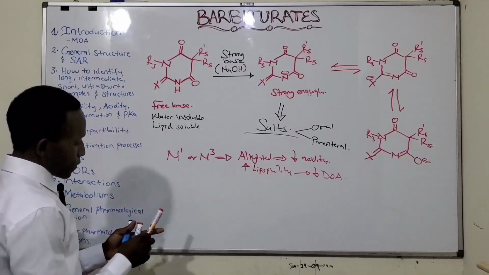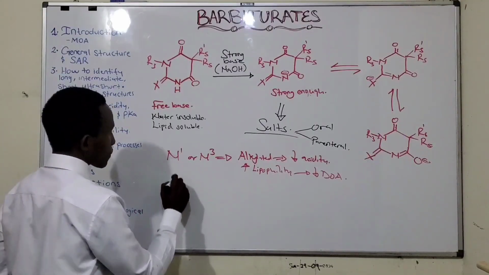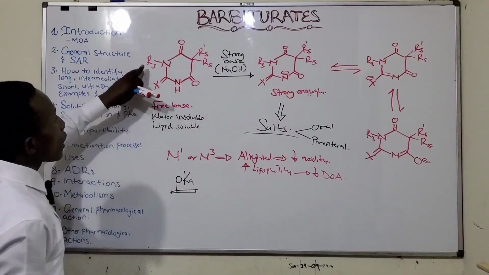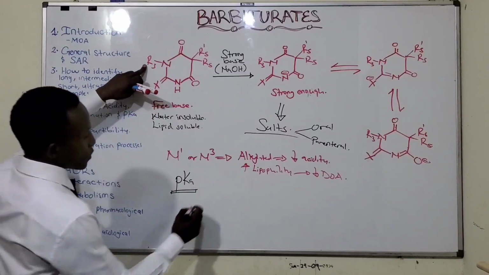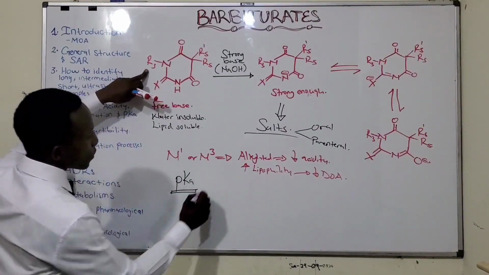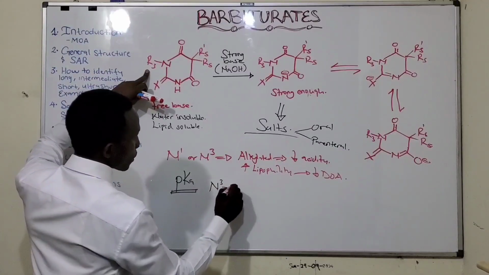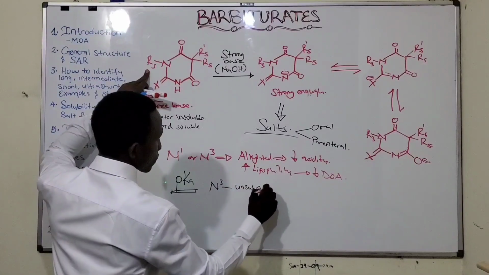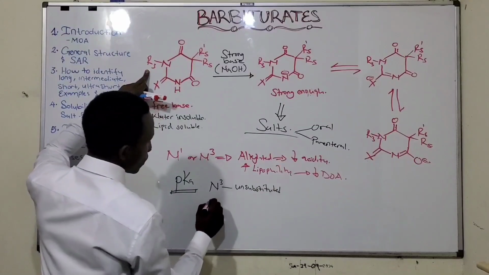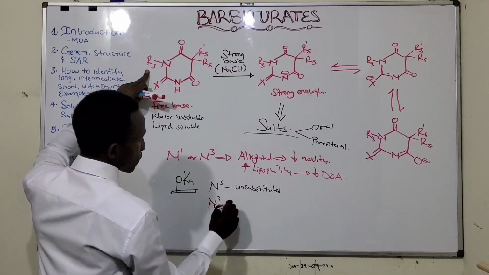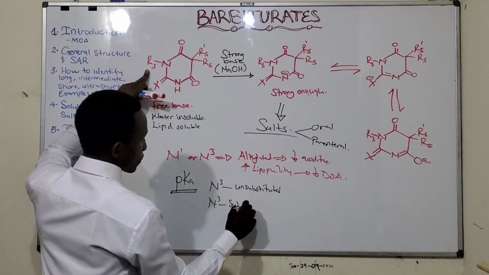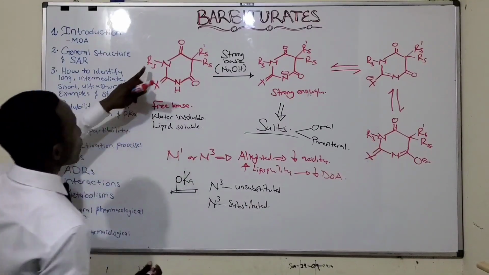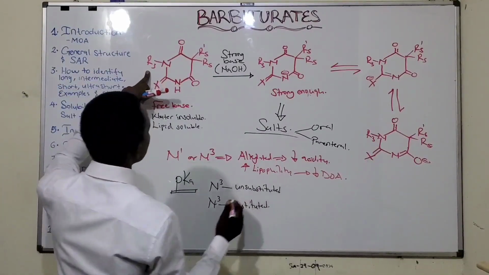About the pKa, for the substituted drugs, we have the substitution here at N3. We have the unsubstituted and the substituted. Unsubstituted means that here it is a hydrogen atom.